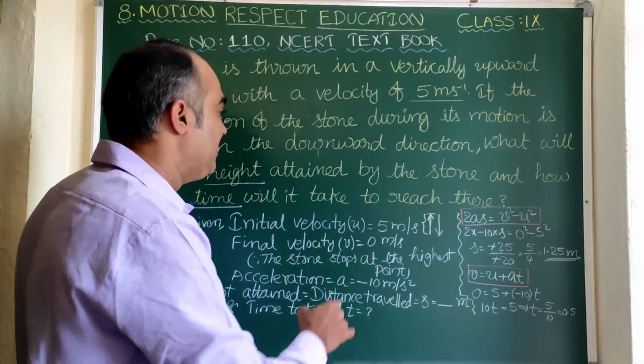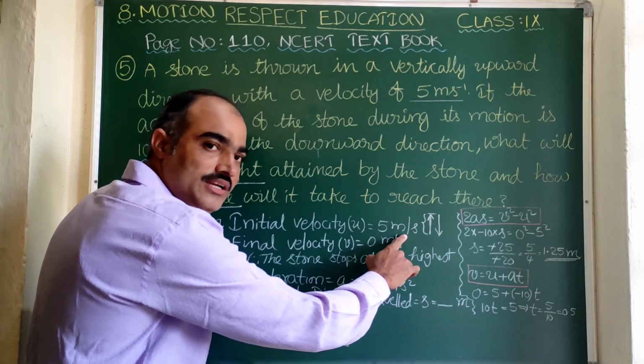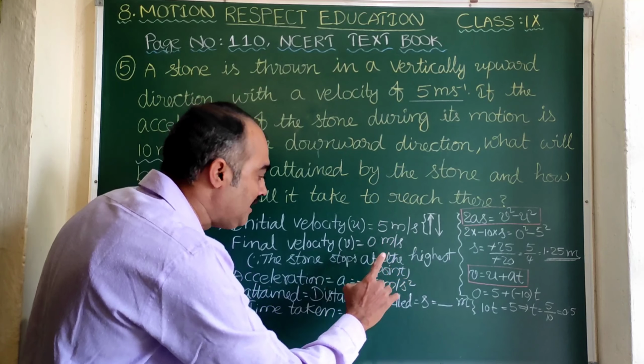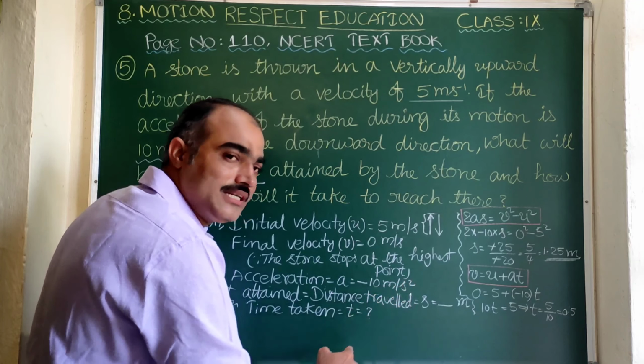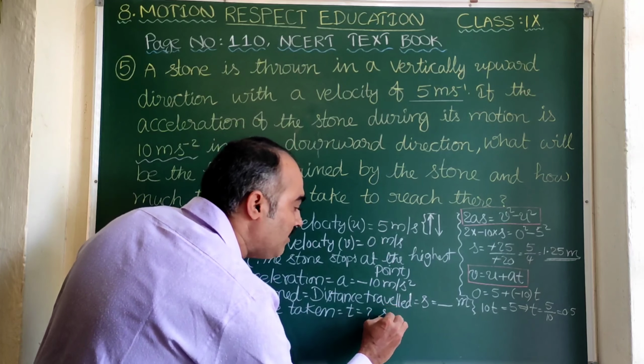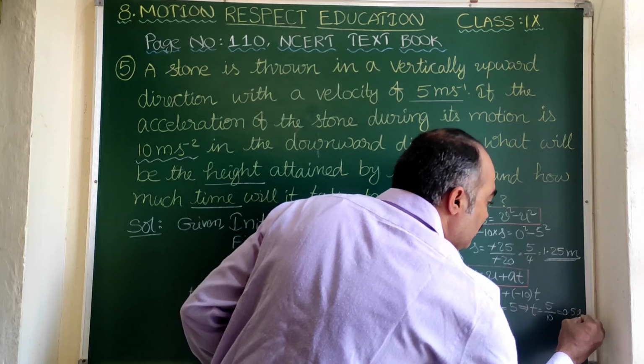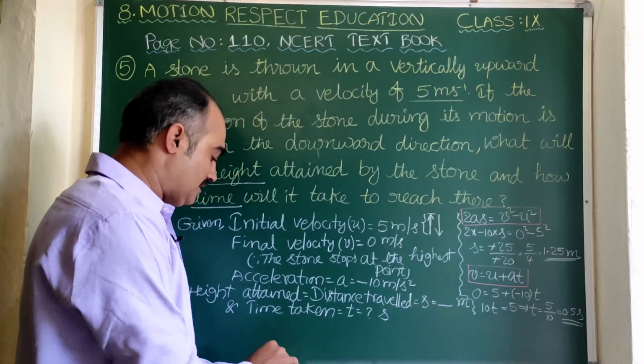What about the units? Initial velocity, final velocity are in meter per second. Acceleration is meter per second square. Distance is in meter, so time will be in seconds. So 0.5 seconds. Now let us write the conclusion here.